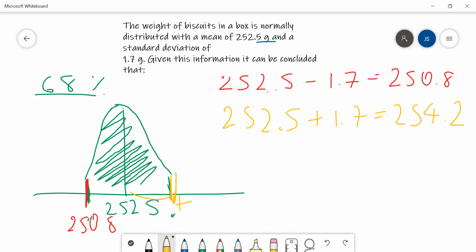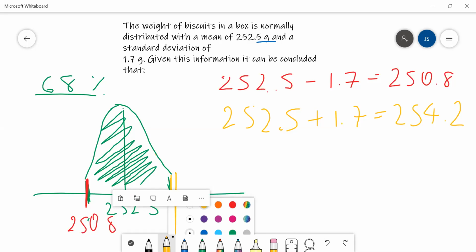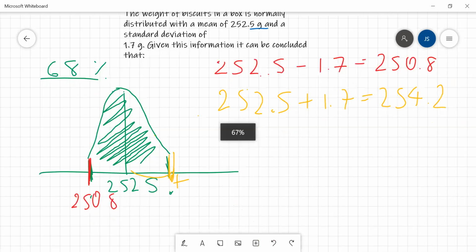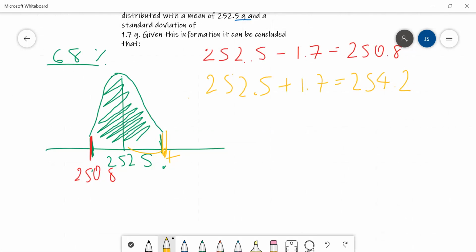So all of that information just told me that my range of 68% of my values starts at 250.8 and it ends at 254.2.